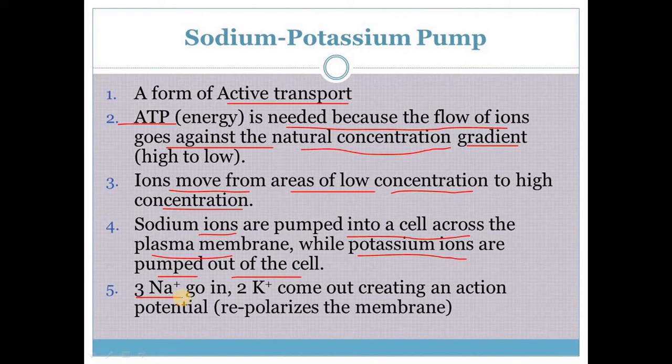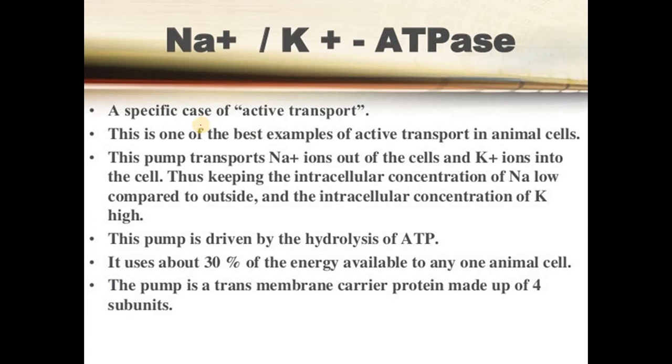So 3 Na plus go out of the cell while 2 K plus come in, creating an action potential, that is, repolarization of the membrane takes place. In the sodium potassium cycle, a specific case of active transport takes place. This is one of the best examples of active transport in animal cells.